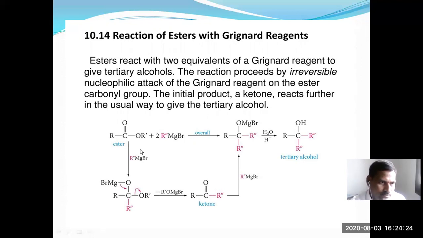One mole of Grignard reagent reacts, and you get this product. Another mole reacts like this, so the final product is a tertiary alcohol. So ester reacts with the Grignard reagent followed by hydrolysis to give the tertiary alcohol.